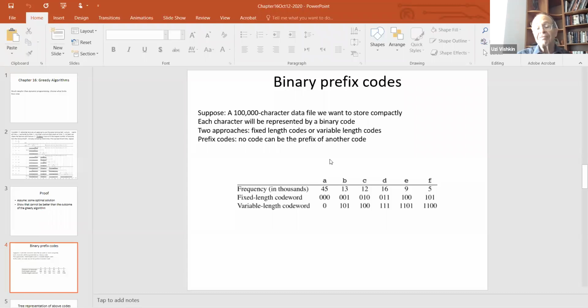Clearly, if I have 6 letters in my alphabet and I'm limited to binary codes, what is the smallest number of bits I must use? 1 bit will not be enough because it allows me to represent only 2 letters. 2 bits will not be enough because they allow only 4 different characters. 3 bits will be enough because they allow up to 8 different characters.